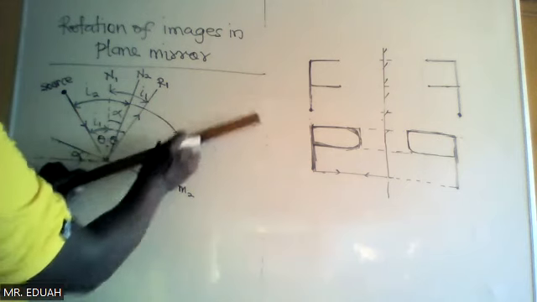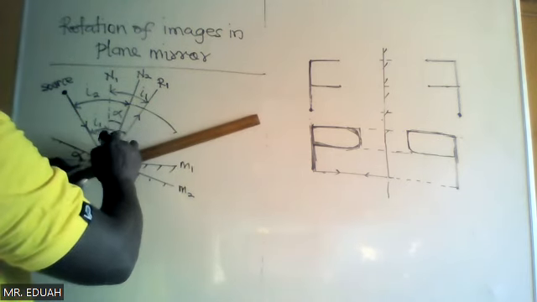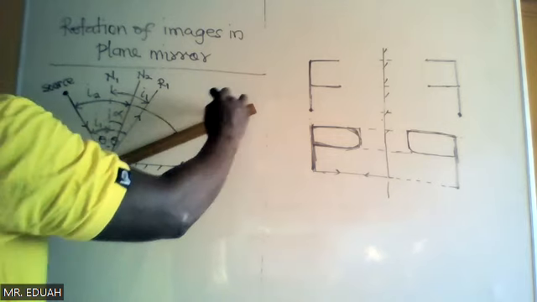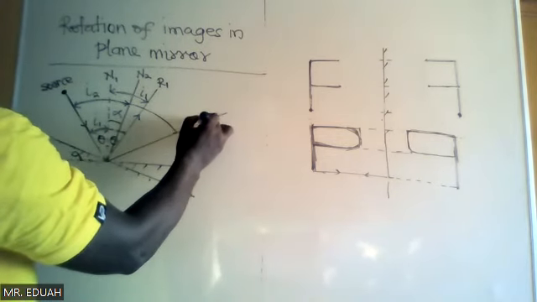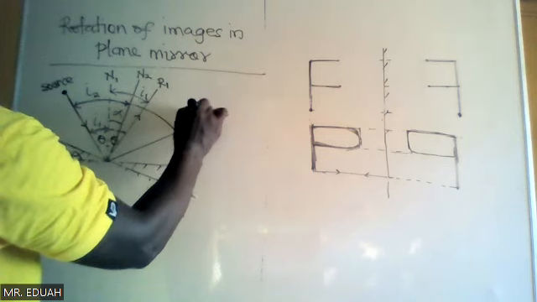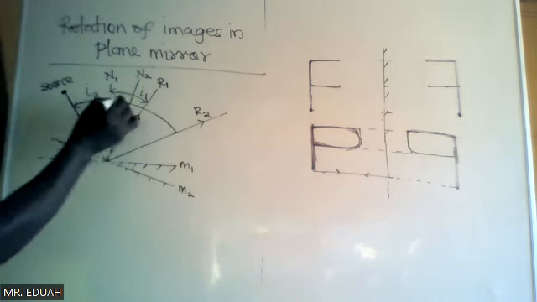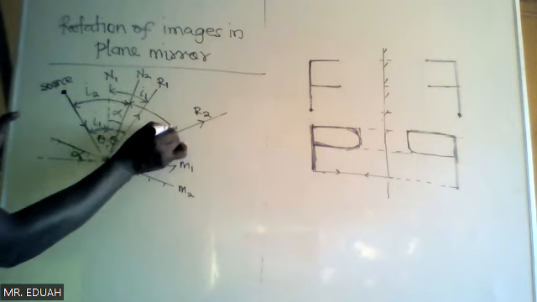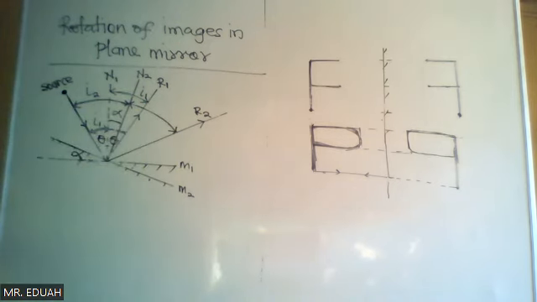So we must have this as the new reflected ray R2, and the magnitude is from N2 to R2. Are we there? Are we seeing it? Yes, please. All right.